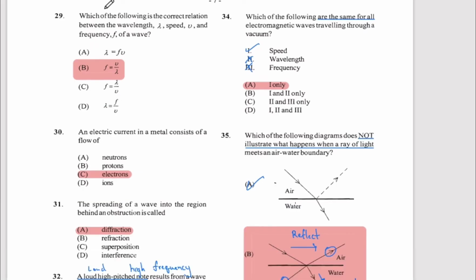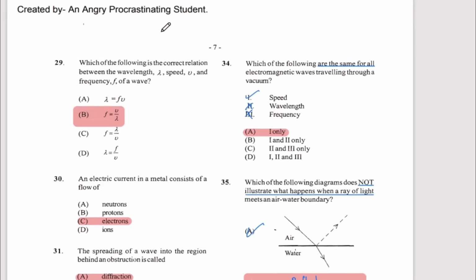Question 29 says, which of the following is the correct relation between the wavelength, speed, and the frequency of a wave? And that's B. Question 30 says, an electric current in a metal consists of a flow of, and it consists of a flow of electrons.